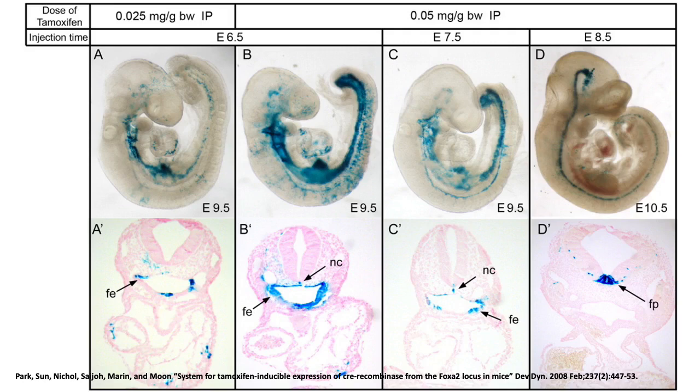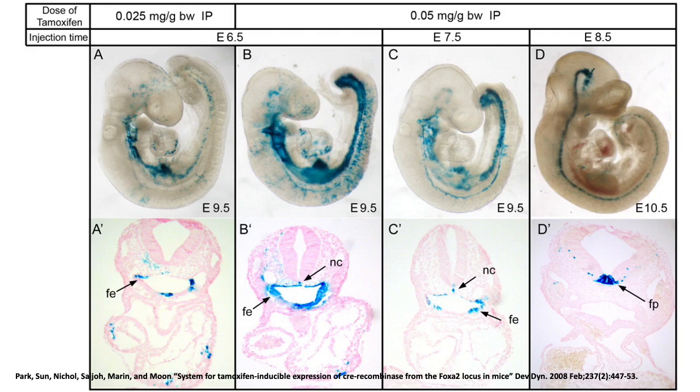And the short version is wherever LAC-Z functions, you get blue dye showing up. And I'll get into that more in Chapter 9, like I said. But so wherever the blue dye is showing up here, that means that the stop codon had been removed by Cre recombinase, and so now it's showing the LAC-Z. And wherever you don't get the blue, that's because there was no Cre recombinase there.